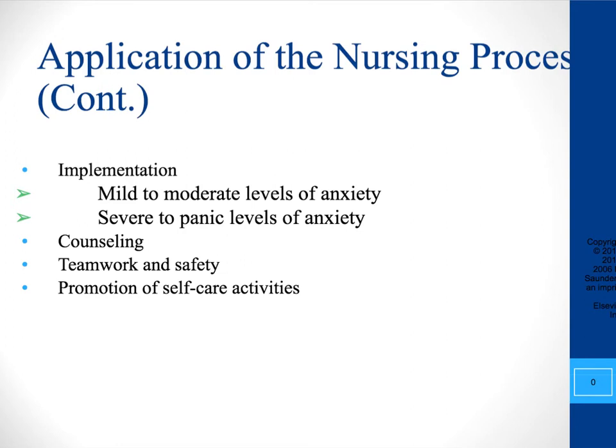Communication with the patient may be scattered or disjointed while they're in that severe panic level, so sometimes it can be very overwhelming trying to help them to reduce that level of anxiety. They do have some suggestions on table 15.2, talking about some of the basic interventions that can be used.